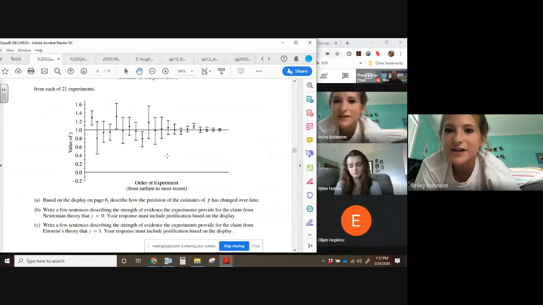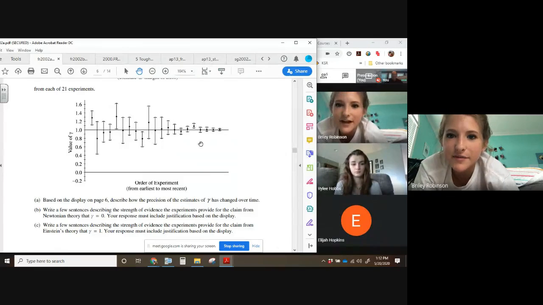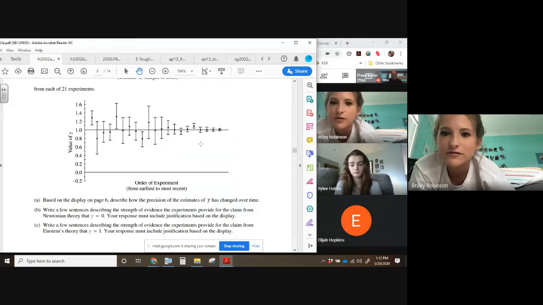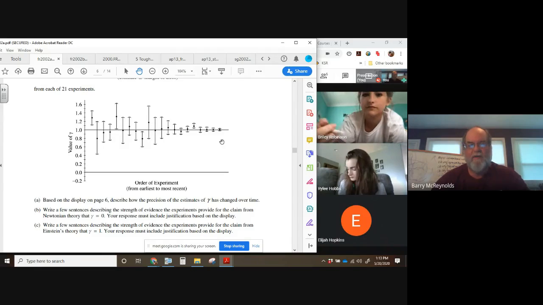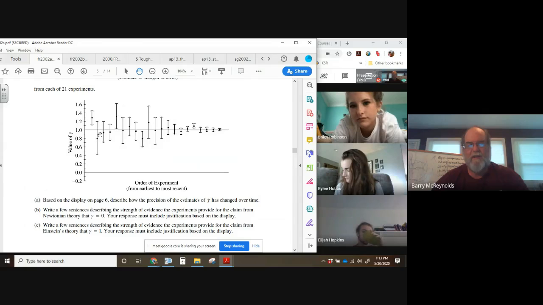They're more confident about their estimate as they go on. Okay, as time goes on, the range of the interval gets smaller and smaller. So the statistics terminology you would use is the estimates become less variable over time, or there's less variation in the estimates over time.